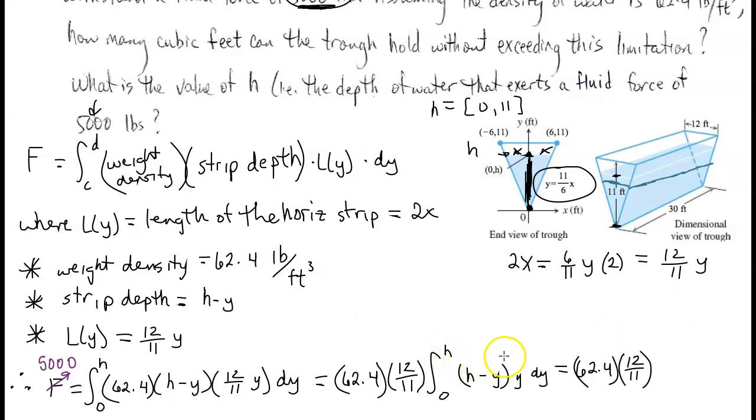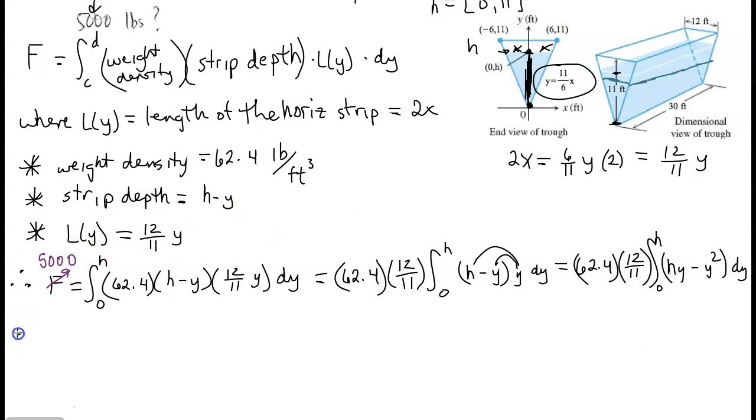Okay. All right, so here I know that as far as having the rest of what's in the integrand here, I can multiply that y times both terms there, and this is going to be from 0 to h. This should be h times y, constant here times y minus y squared, and all that's going to be times dy.